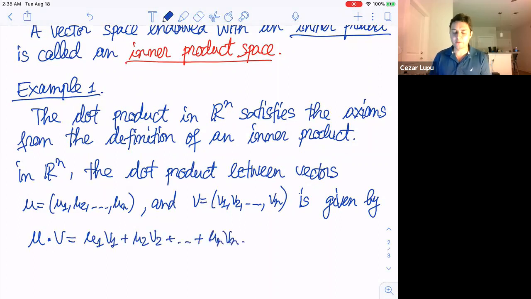Well, it's quite clear once I define it like this. It's clear that, in fact, this is the inner product in Rn if you want.